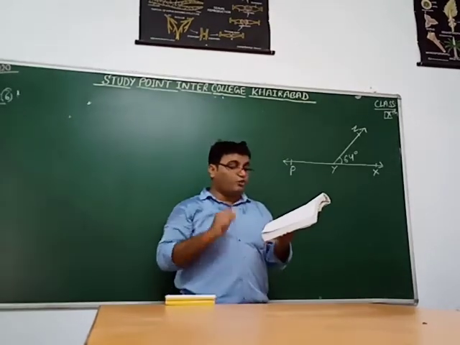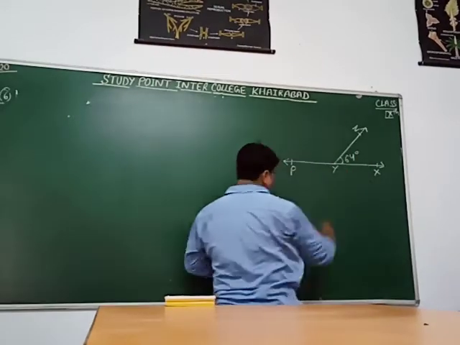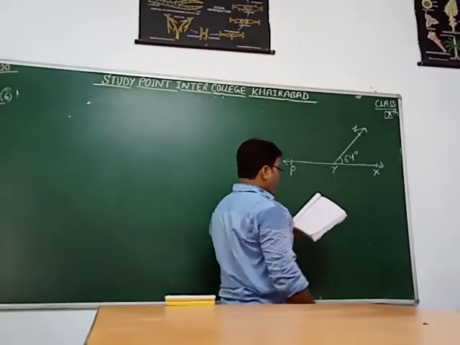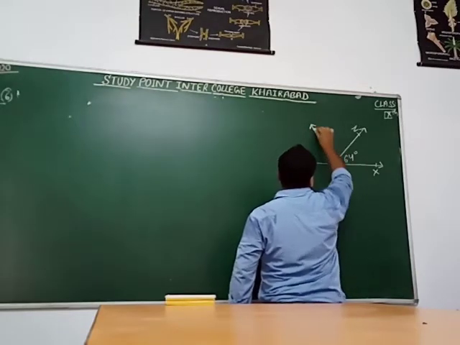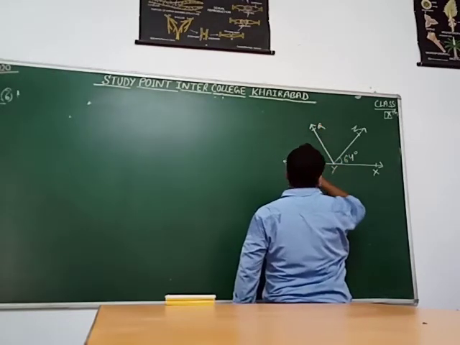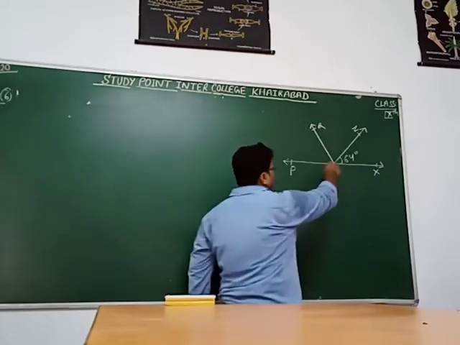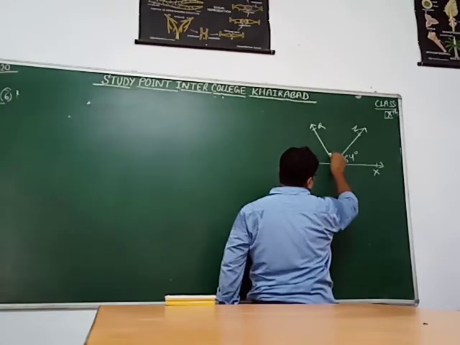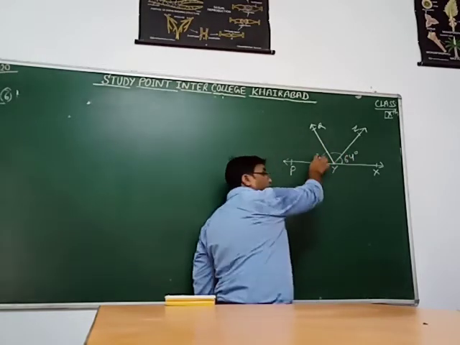If ray YQ bisects angle ZYP, YQ is another ray which bisects angle ZYP. This ray bisects this angle, meaning this angle and this angle will be equal. If this is 30, it will also be 30.